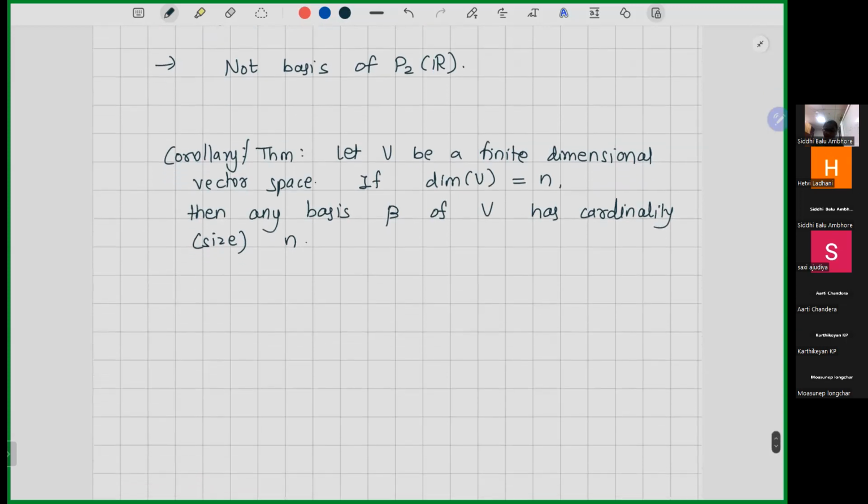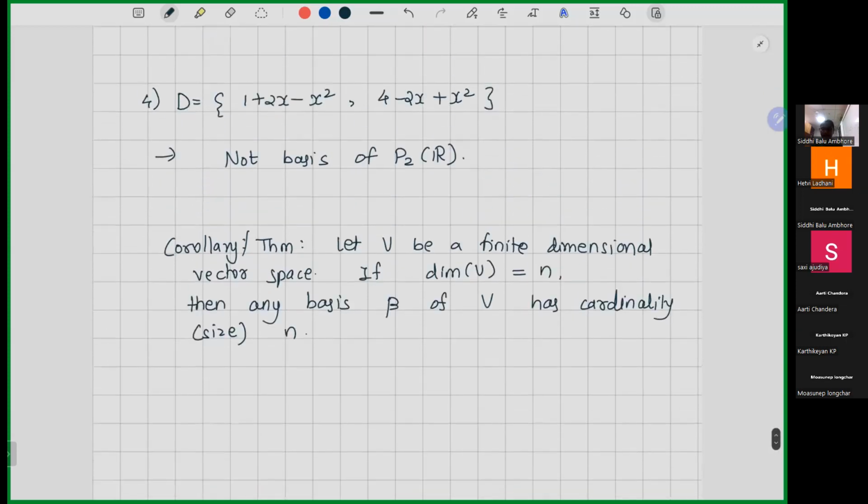So what this says is that any set which has cardinality greater than n or less than n can never form the basis of vector space V.